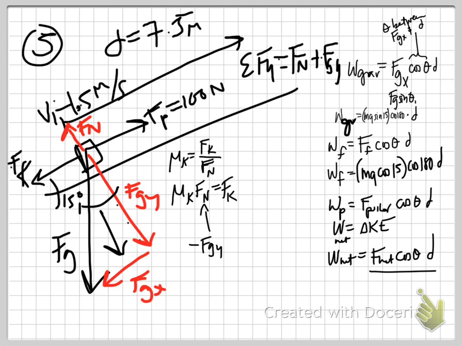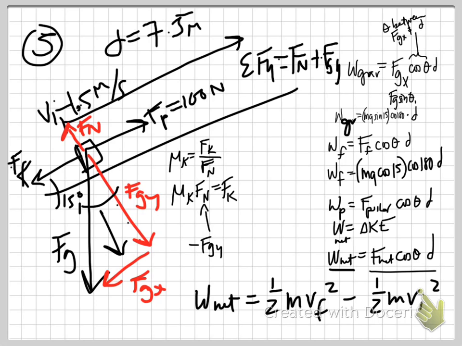Well, because whatever value you get for this F net is equal to 1/2 mvf squared minus 1/2 mvi squared, and it's just a matter of solving for that. So at that point, it's just algebra. Questions, comments, concerns?